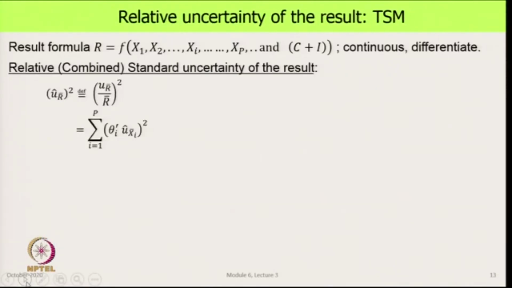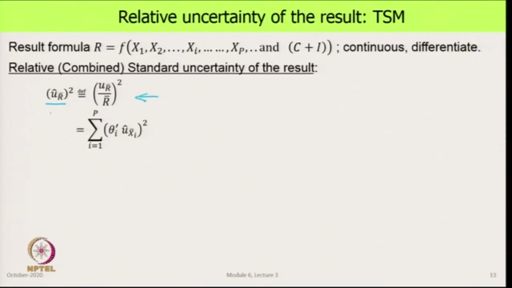We can also get another relation for the relative uncertainty in terms of the sensitivity coefficients. You can do a little bit of algebra on the previous expressions. Look at this: relative standard uncertainty of the result is defined as u r bar upon r bar square, that is the definition, and this we can then see from an earlier result is theta I prime upon u hat x I bar.